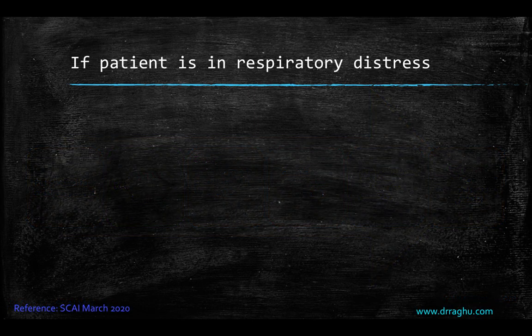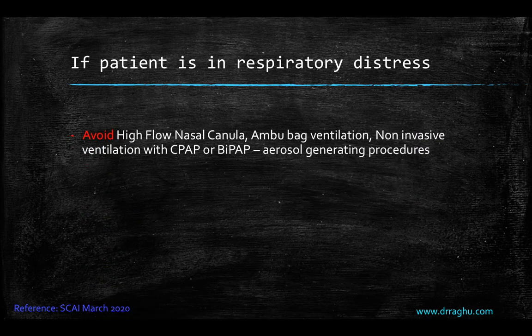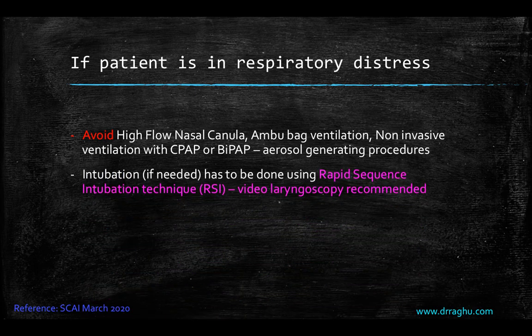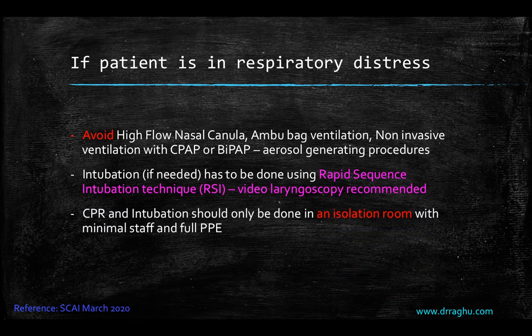A very important point is if the patient is in respiratory distress, we need to avoid a high flow nasal cannula, ambu ventilation, non-invasive ventilation with CPAP or BiPAP because these procedures have a very high chance of producing aerosols. If intubation is required, we have to perform it by using a rapid sequence intubation, and the use of a video laryngoscope is highly recommended.